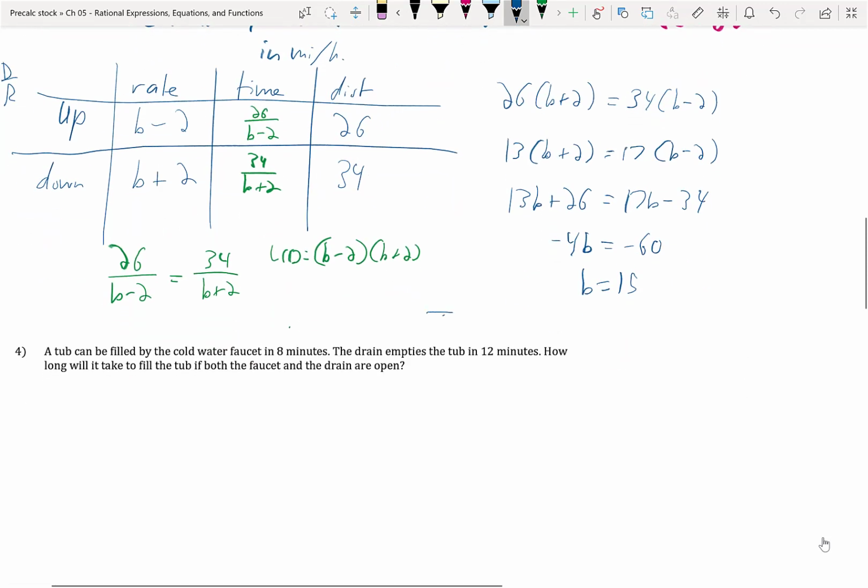And that's what it wanted. The boat goes 15 miles per hour.